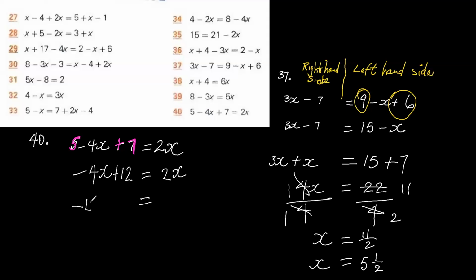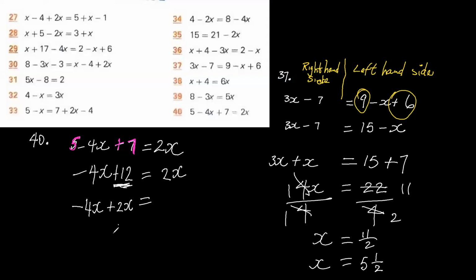It's negative 4x, be careful, plus 2x equal to what? 5 plus 7. No, we finished that. Remember, we added 5 and 7 and we got 12. So now you brought the 2x over to the other side. The 2x was positive and it remained positive? That's what you're saying? Minus 2x.